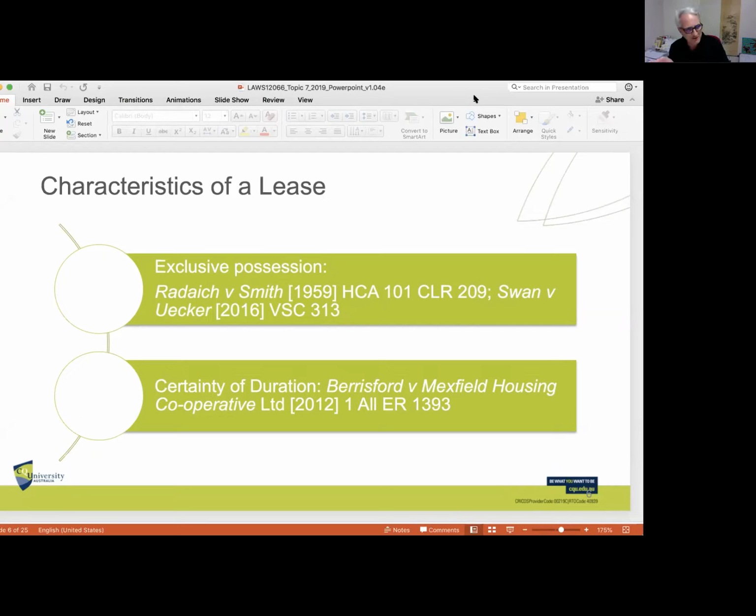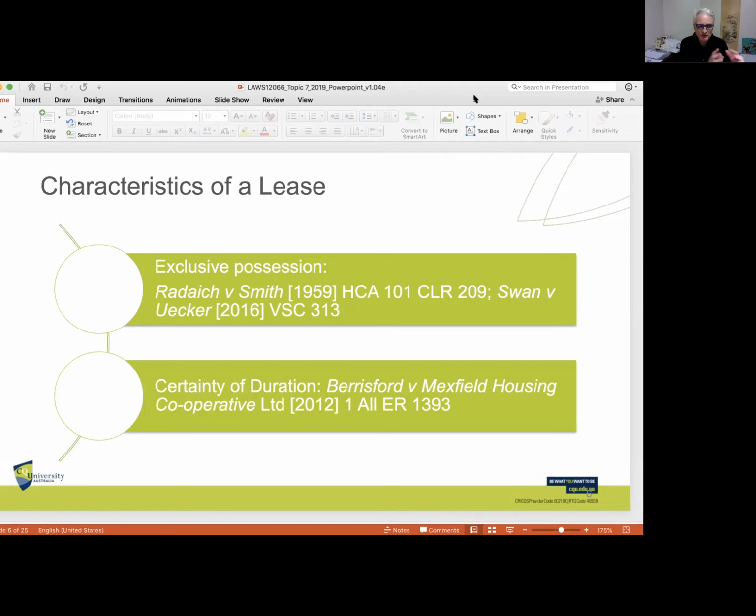Surely the payment of rent is the fundamental reason and rationale for why property is leased or rented out, to generate a source of income to the landlord. Of course, it's true that that is a prime motivation for owners of land to lease property and rent property out. But that actually is not a fundamental characteristic of what a lease is according to law.